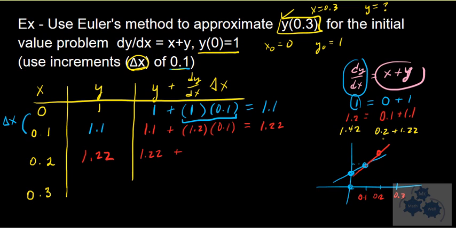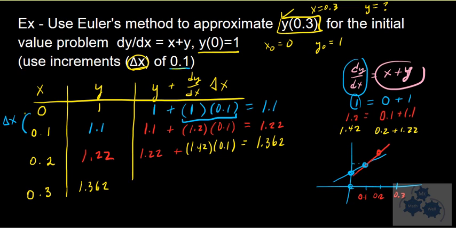Yeah, is that right? So this is 1.42 times 0.1. And do you get then 1.362? Yes? Good. Okay, so then 1.362 is our best guess for x equals 0.3.